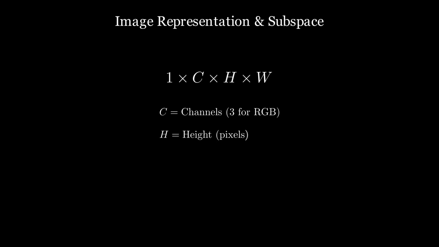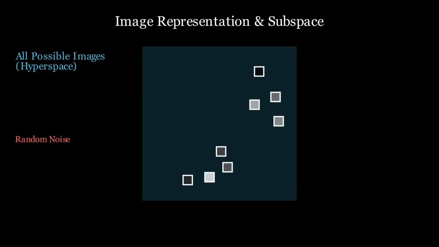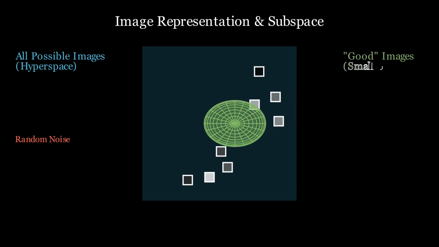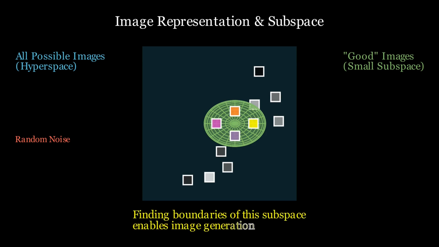Now consider a random combination of these pixel values. It will probably be just some random noise image and not have anything discernible in the image. So you can imagine that a good image would just be a very small subset of the overall class of images that can be denoted by this hyperspace denoted by 1 cross channel cross height into width.